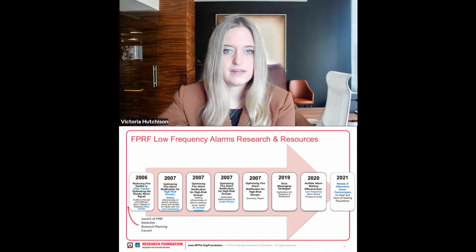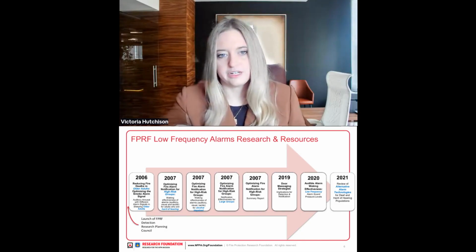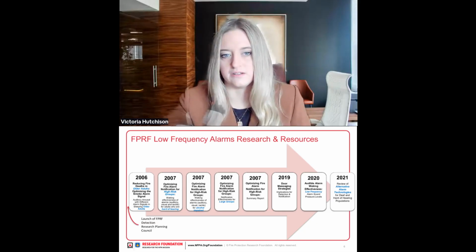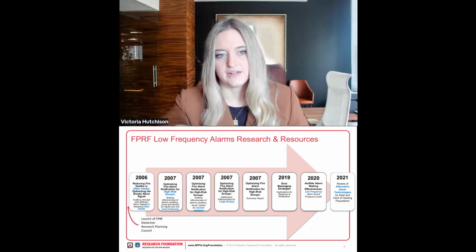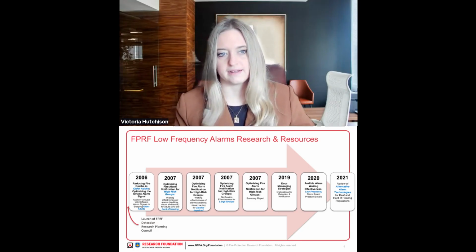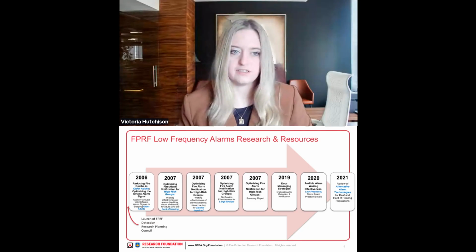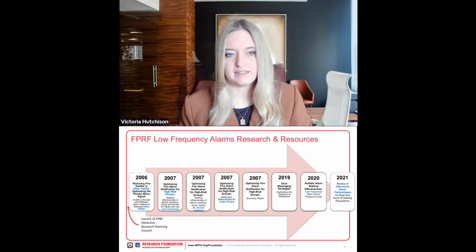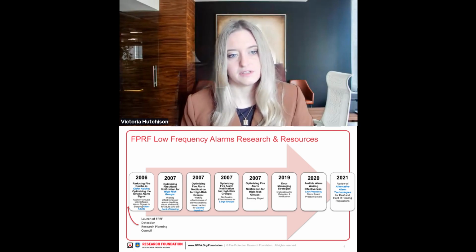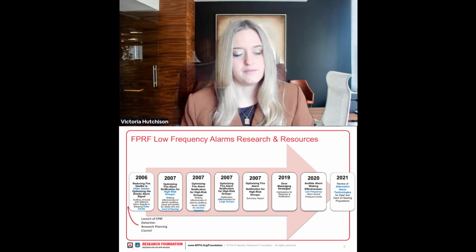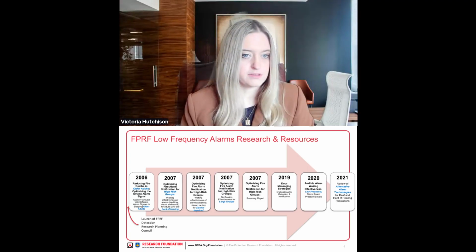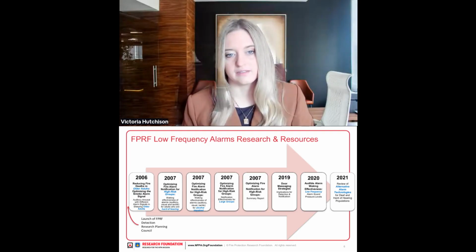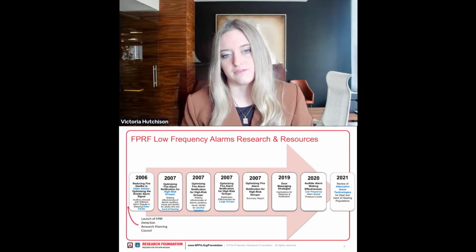Next slide here. So I also just wanted to point out a few key studies in the low frequency space. We've done a lot several years back, some of that foundational research in terms of understanding performance of alarms, optimizing the smoke alarm or fire alarm signals. We did work specific to older adults, high risk groups, so people with hearing loss or folks who are deaf.